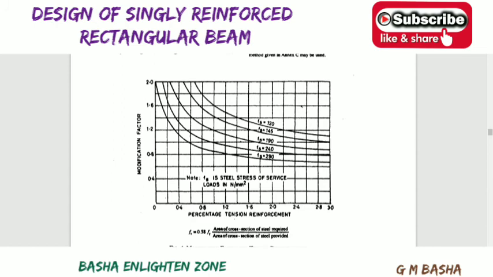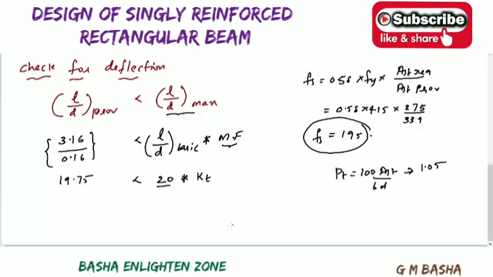If you calculate like that, there is a chance of getting 1.1. Here it will be 1 and here it will be 1.2. In between you can consider the curve also, and you will get exactly 1.1. So that is the way of finding the modification factor for tension reinforcement.